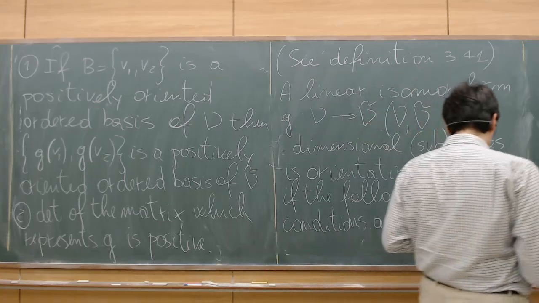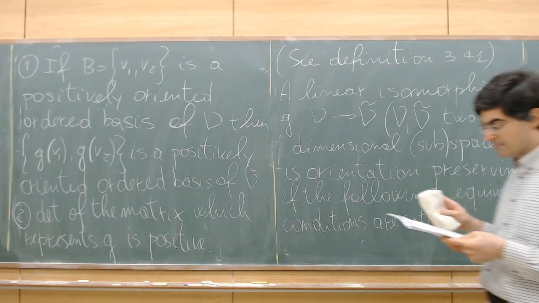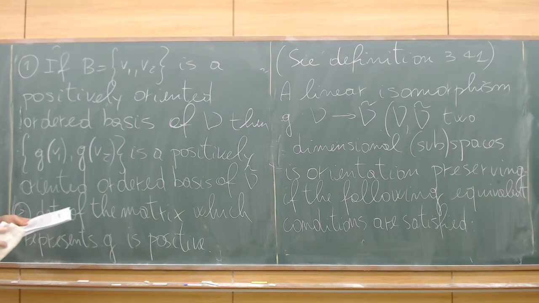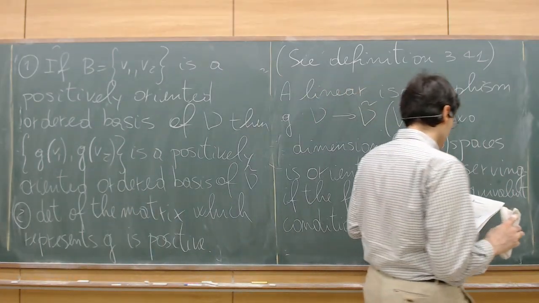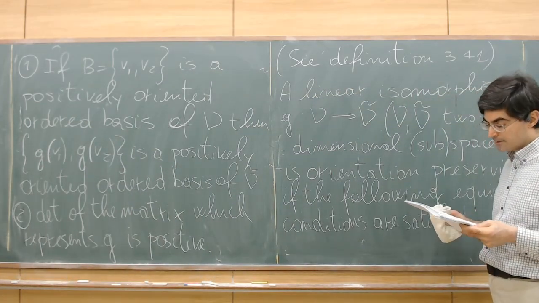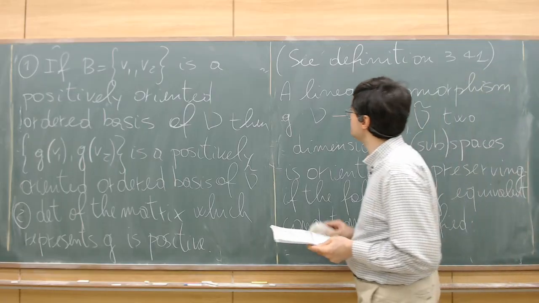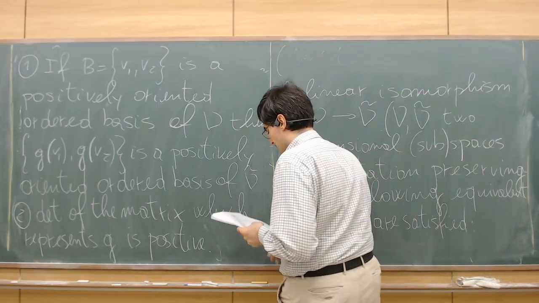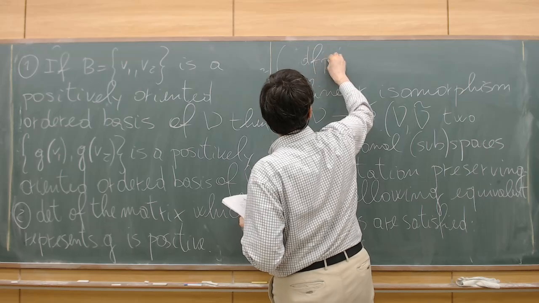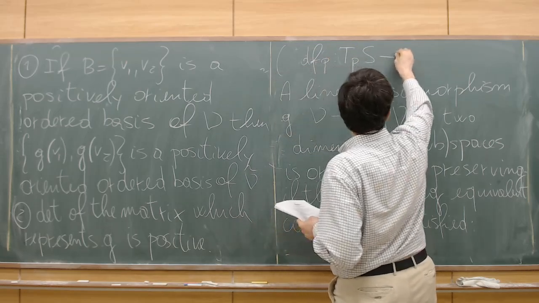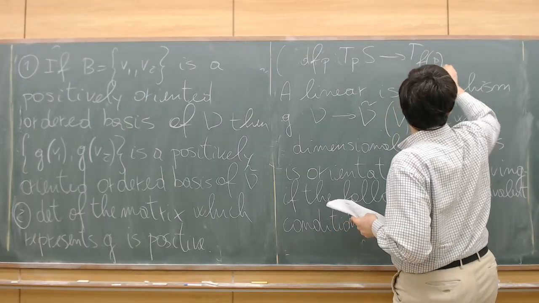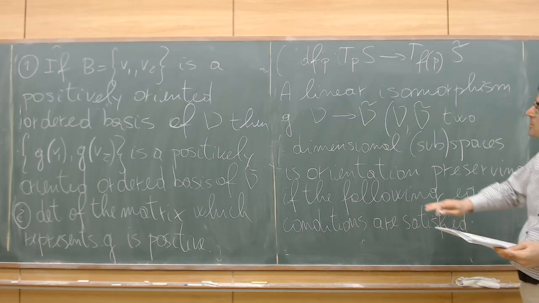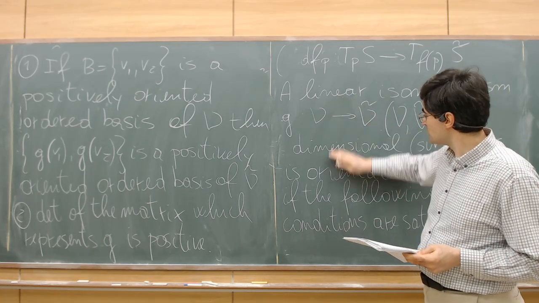Okay, so let's say it again. A diffeomorphism F between two oriented surfaces is orientation preserving if the map dF_P from T_P S to T_F(P) S tilde is orientation preserving, and orientation preserving definition is given here.